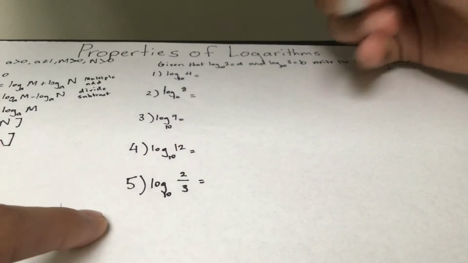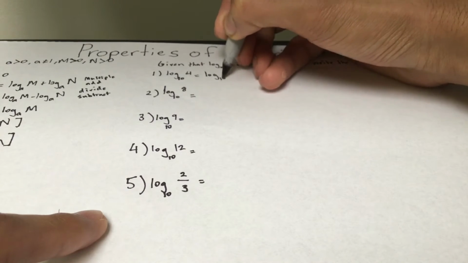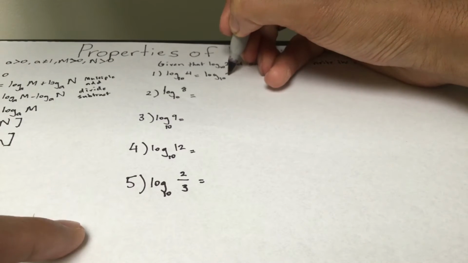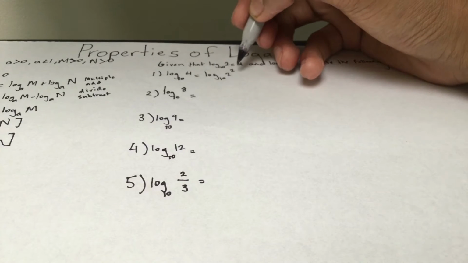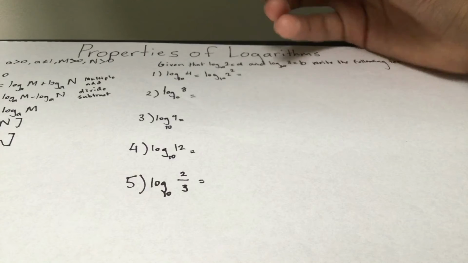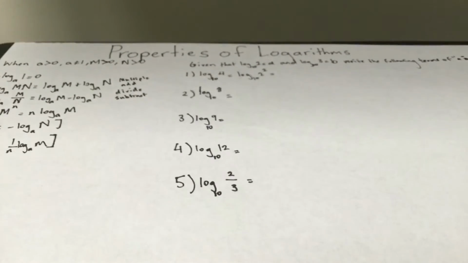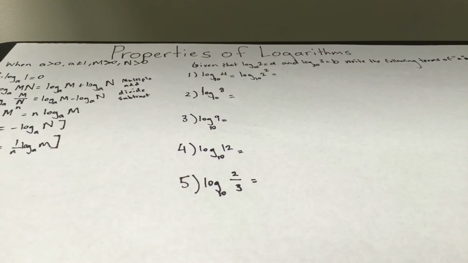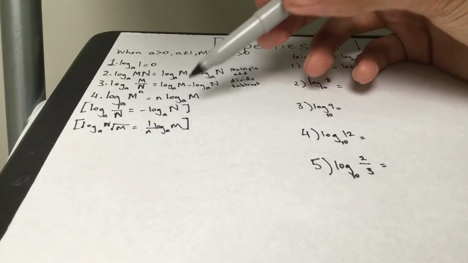The first step, we're going to write log 10 and split it up into 2 to the power of 2. So now we've changed it to this format. Look at our fourth rule.